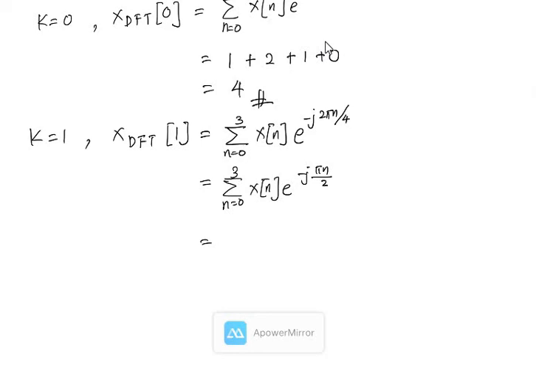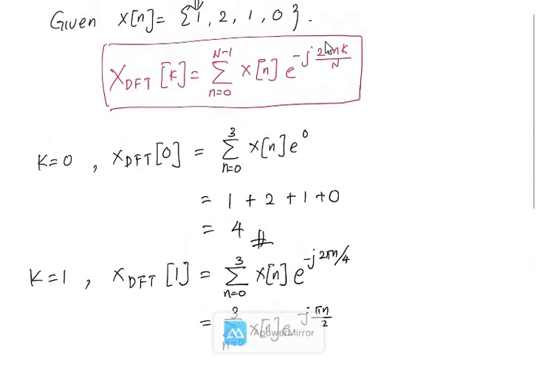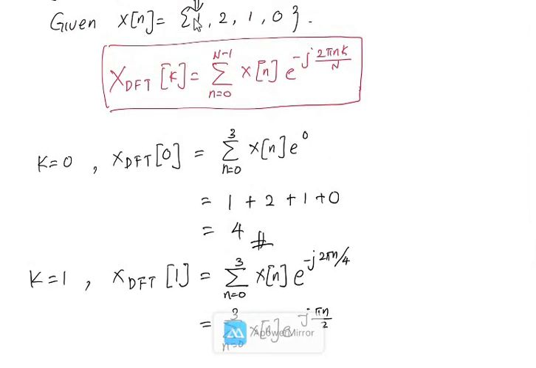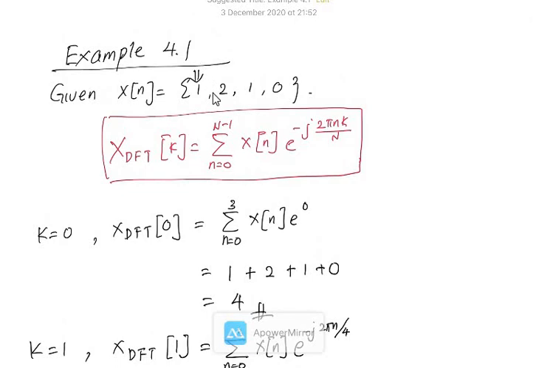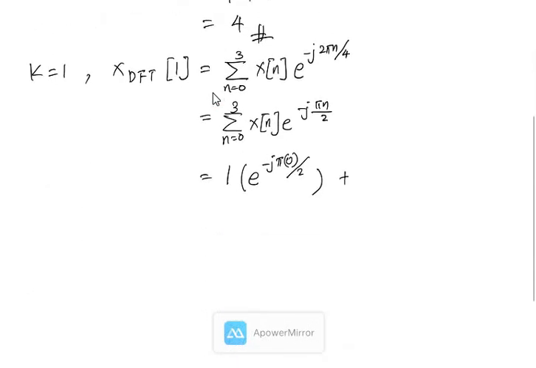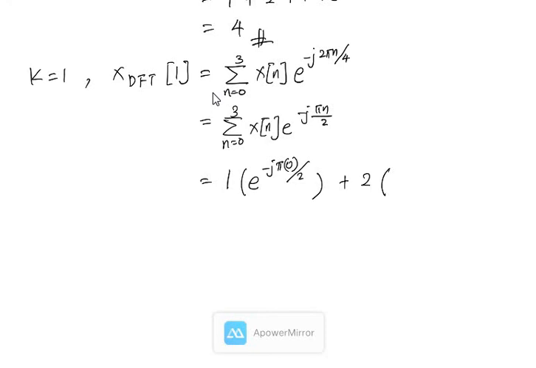Okay, x[n] when n equal to 0 has the value of 1. So I have 1, then exponent minus j pi times 0, divided by 2. Then plus the second x[n], that is 2, times exponent minus j pi when n equal to 1, divided by 2.